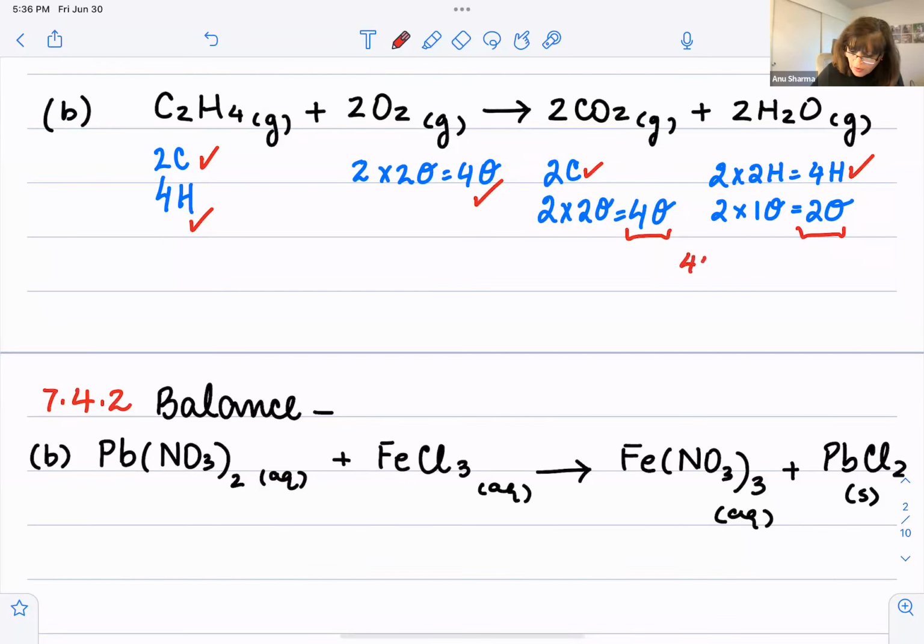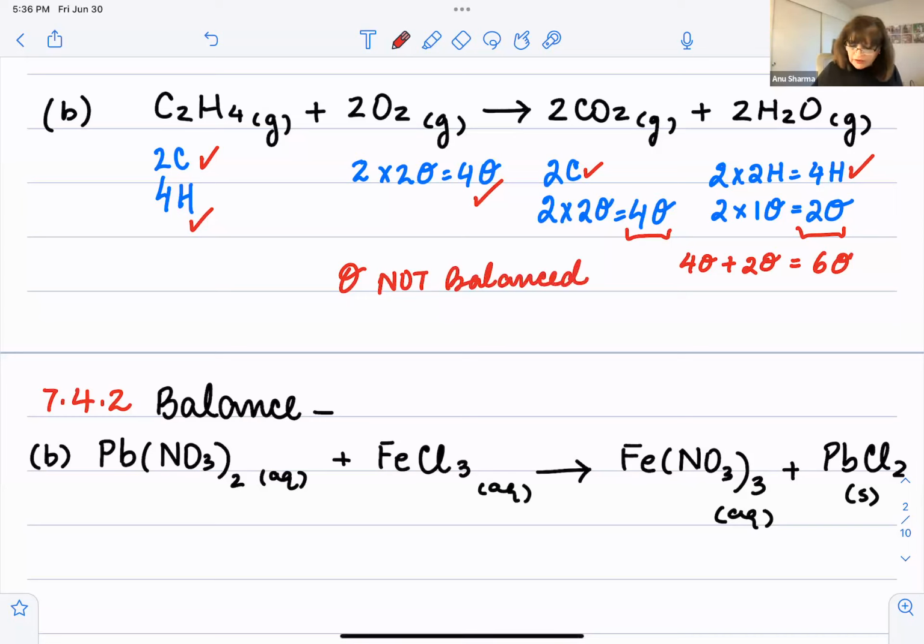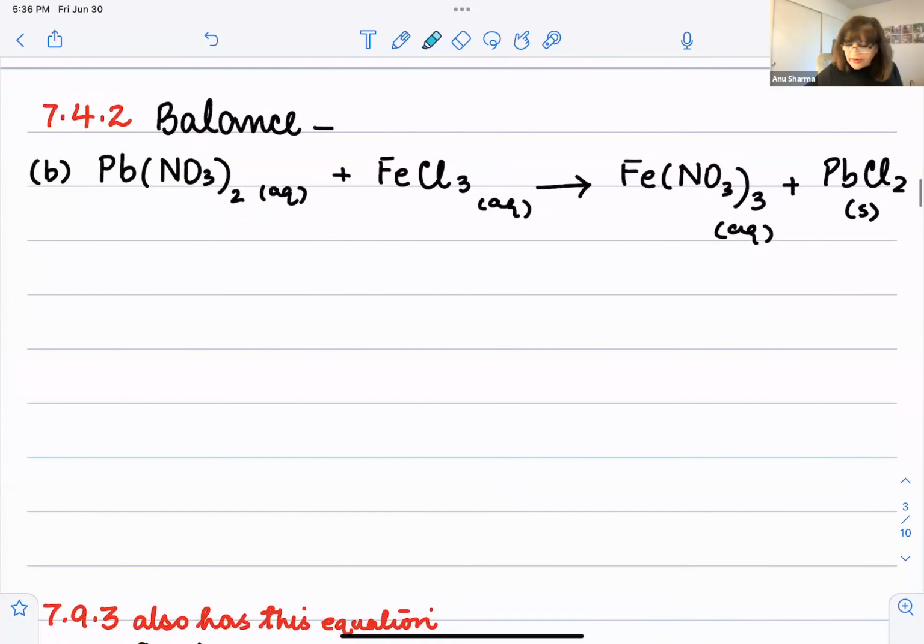So 4 oxygens plus 2 oxygens give you 6 oxygens. Okay, so this is 4 oxygens here. So oxygens are not balanced. Okay, so this is very important. You see, check them all. So oxygen is not balanced. All right. Next we are going to look at the balancing.